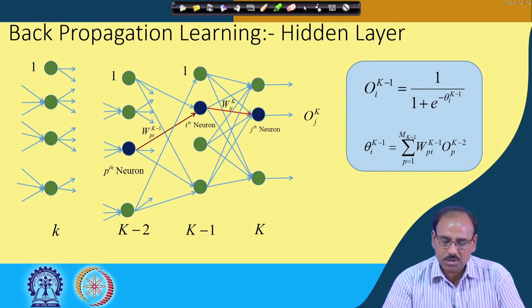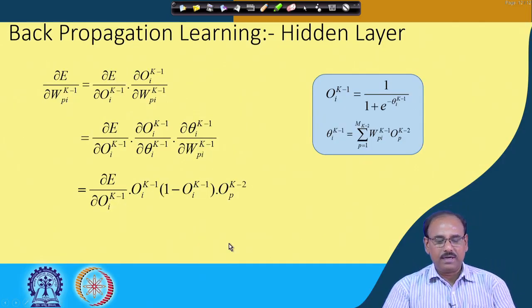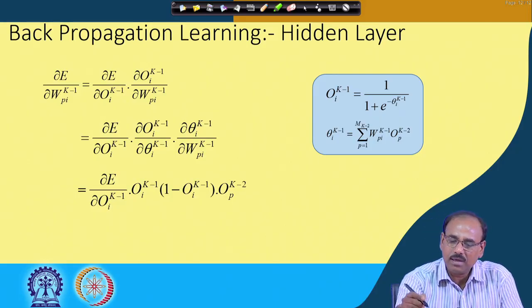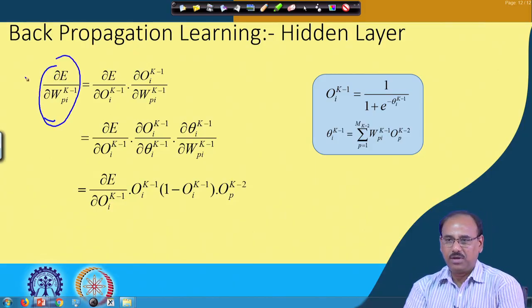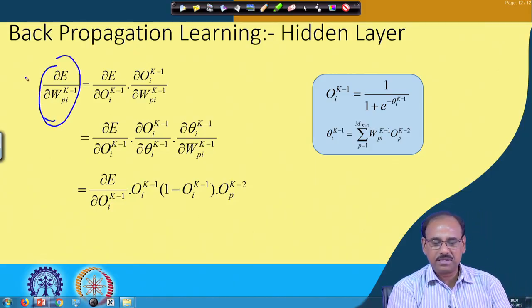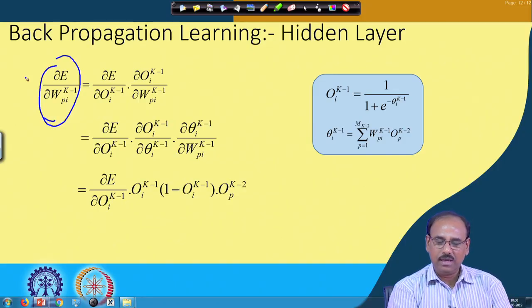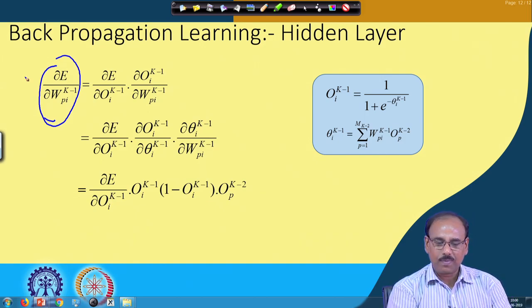So, this is what I have to do, and the derivative that I just said I have to compute is ∂E/∂Wpi(k-1). Following the chain rule, I can write this as ∂E/∂Oi(k-1) times ∂Oi(k-1)/∂Wpi(k-1).